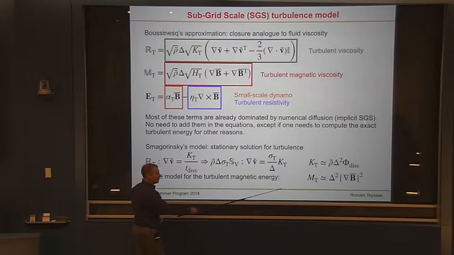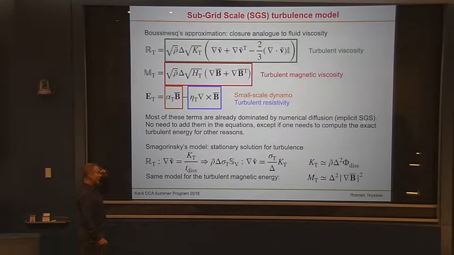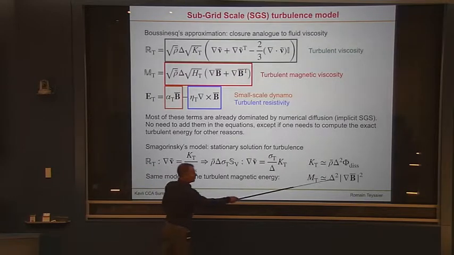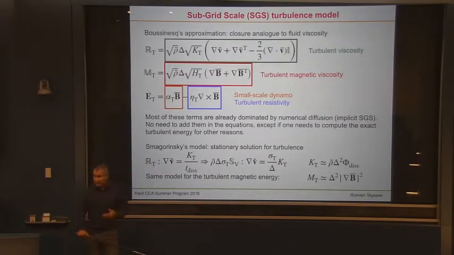And you can do the same for the magnetic helicity, the turbulent magnetic energy. You find also something similar. And so this is the Smagorinsky model, where your turbulent energy is obtained as the solution of an equilibrium between sources of turbulence and sinks of turbulence.